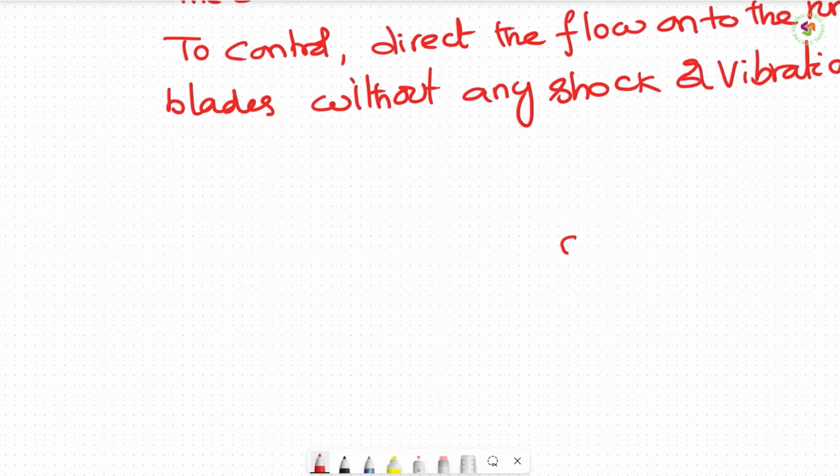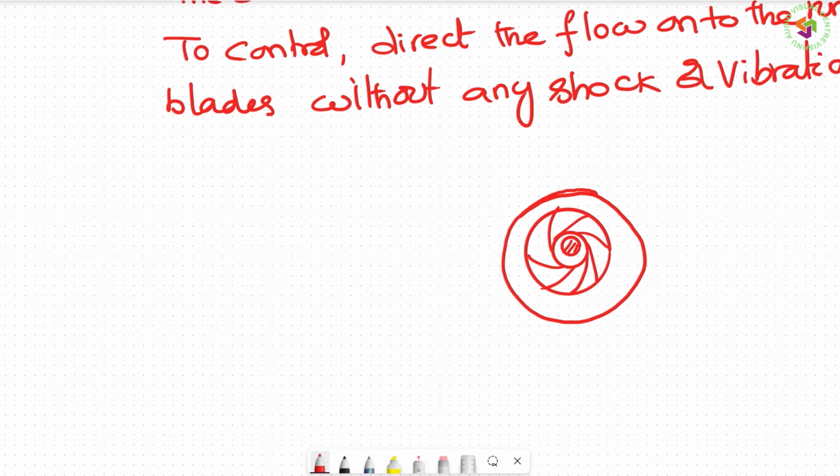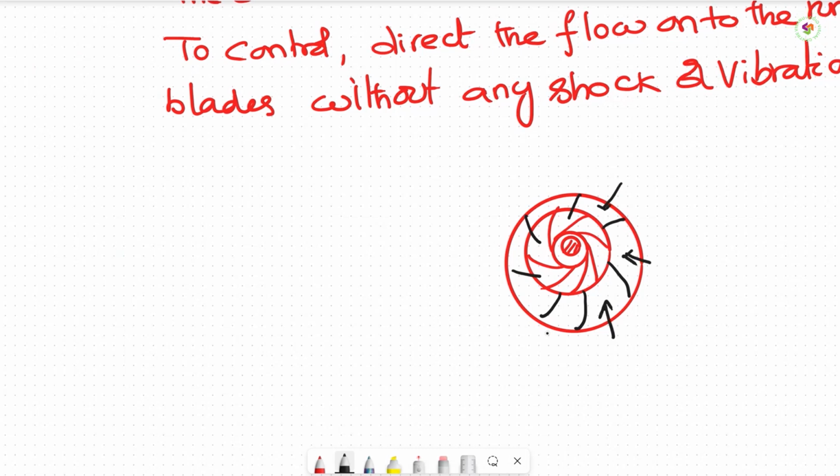Once again, I draw the figure for your sake. So this is the shaft. On the shaft, we have the runner, right? This is the runner. These are the runner blades. On this, a circular wheel is mounted, and here we have the guide blades, right? From the casing, water enters into the guide blades, and these guide blades direct the water onto the runner.